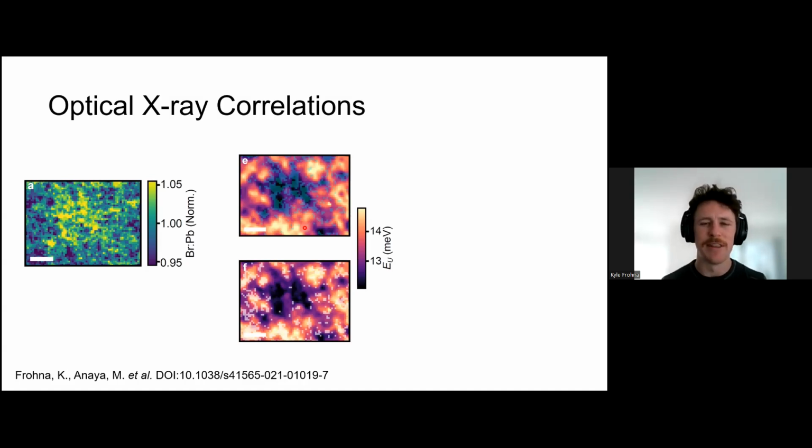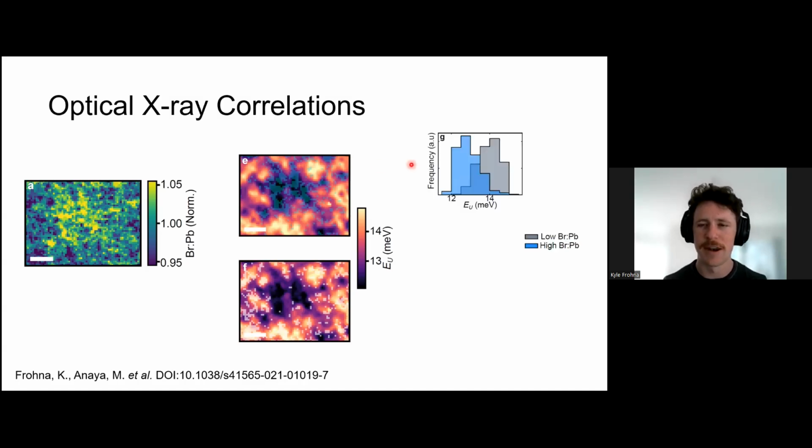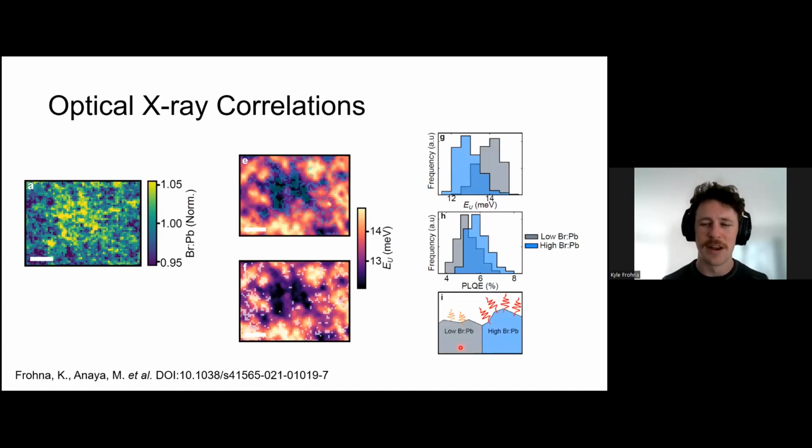We basically found that the regions that are the highest in bromine are the lowest in disorder and the highest in photoluminescence quantum efficiency. That's schematically shown here, where the blue regions have a statistically significantly lower Urbach energy and higher photoluminescence quantum efficiency. So we get this notion of the high bromine to lead ratio being somehow better.